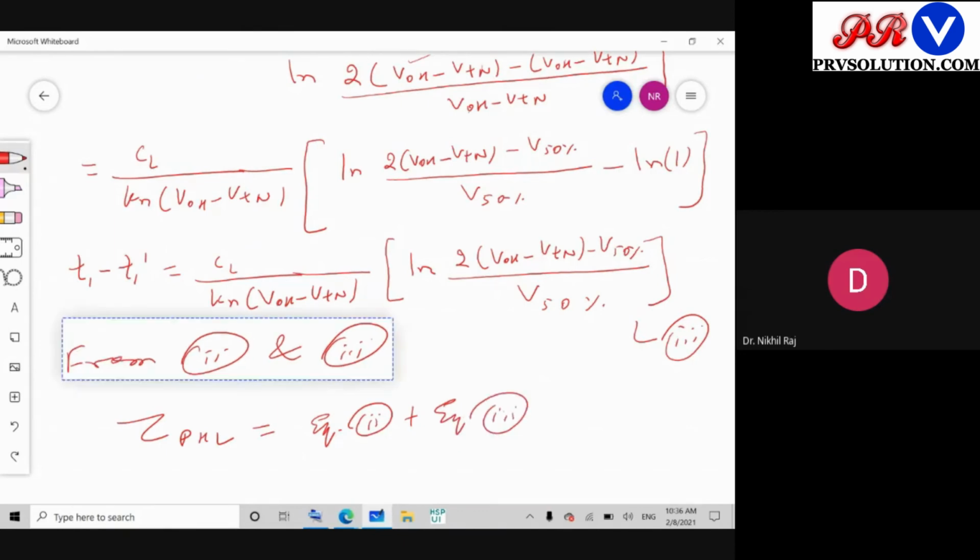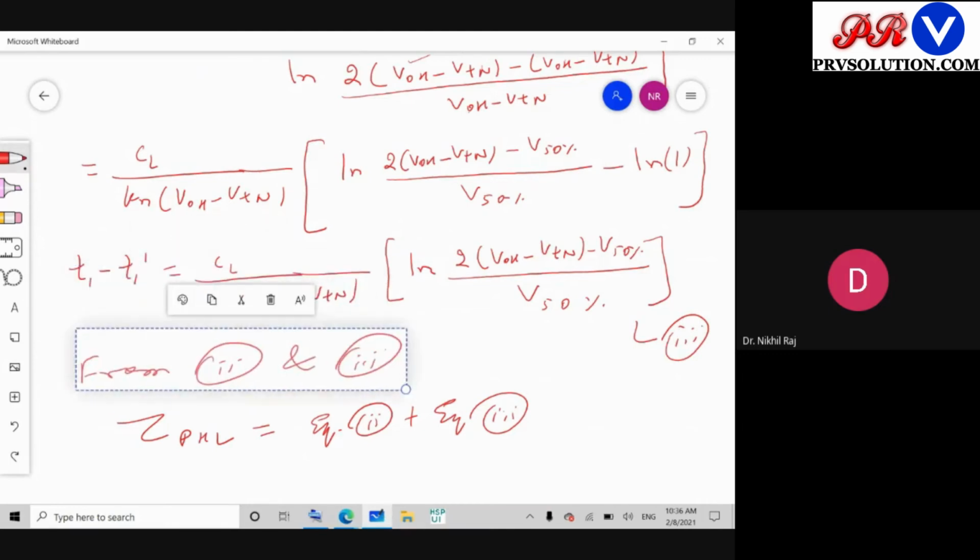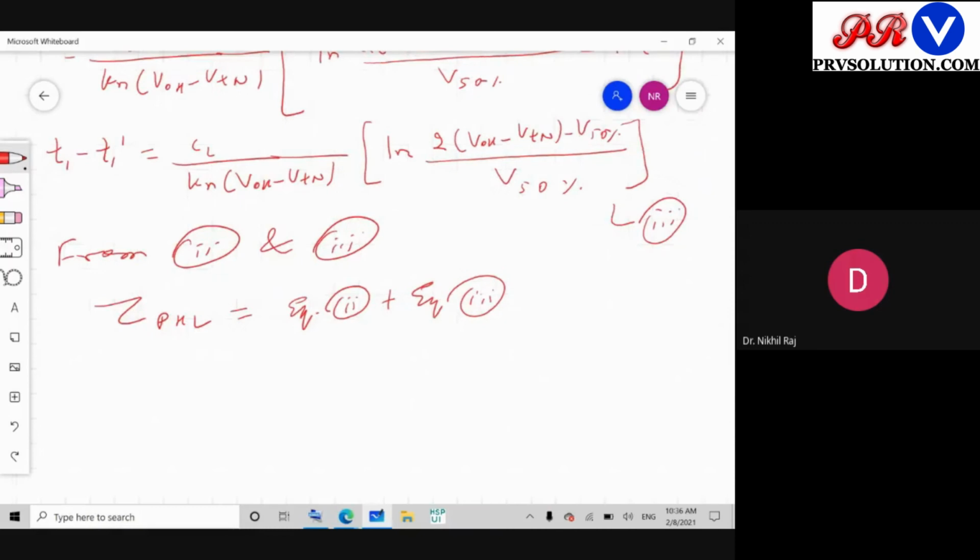That is nothing but, equation 2 is T1 dash minus T naught, and plus equation 3 is T1 minus T1 dash. So the resultant, this and this will cancel out, so we get T1 minus T naught. So what is required will come here.